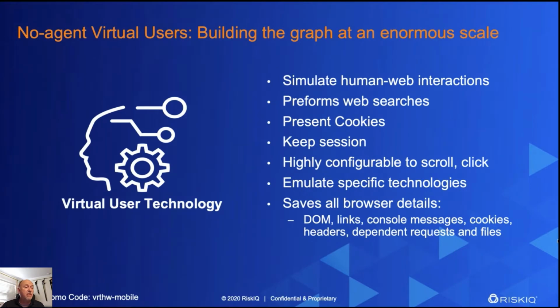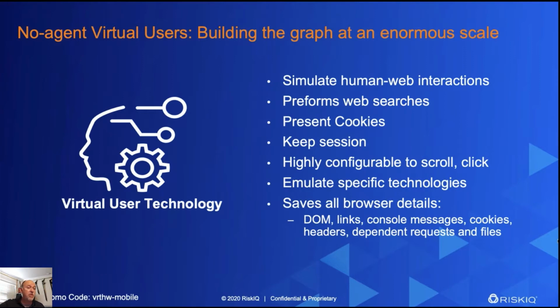We simulate a real user. We might go to a search engine, search for something, and from there we go on some of those links and then we spider out. We keep cookies, we keep session. We're able to make it appear like a real user.